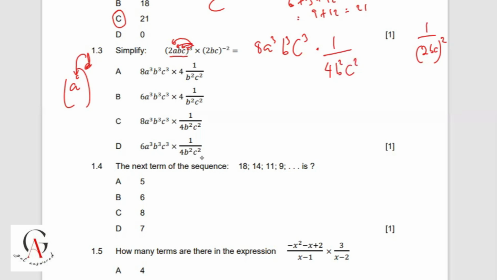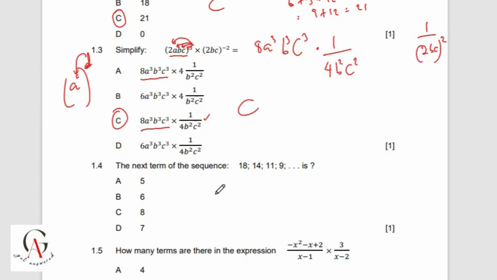Then I can do the simplification. Do I need to simplify? I mean, everything is just like this. Which option has 8a cubed, b cubed, c cubed? We have option A and C. Now let's look at the other terms. It's 1 over 4b squared, c squared, which is this option. So it is C again.